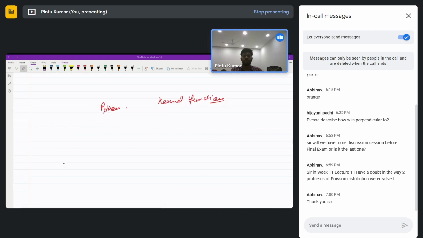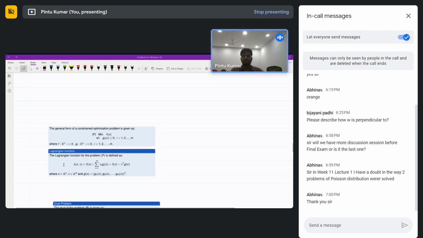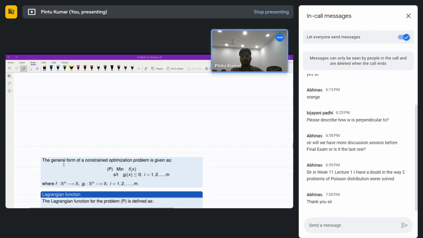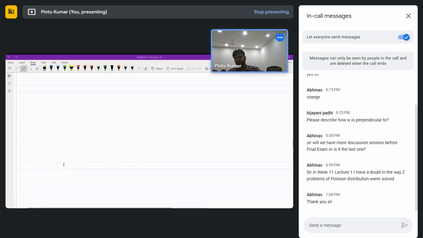So now we will have two, three things going on here. I'll tell you what will happen. We got to a primal formulation of our optimization problem. I'll change the pen color.